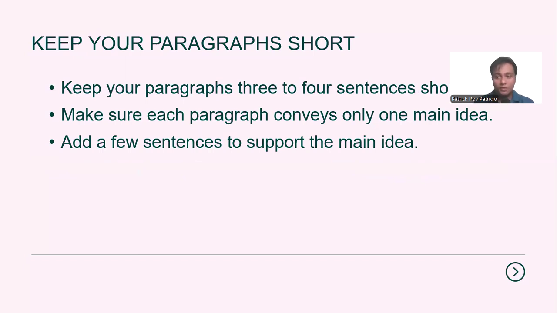So make sure that each paragraph conveys only one main idea, and add a few sentences to support the main idea. Ideally, a paragraph is kept within 3 to 4 sentences, in order for us to avoid providing too much information or derailing our message. By keeping it short, again, it avoids confusion for the reader.